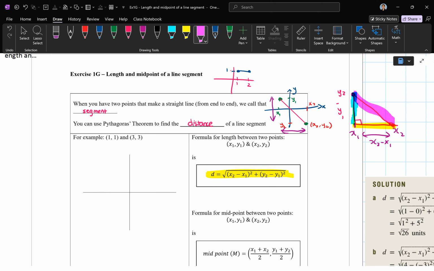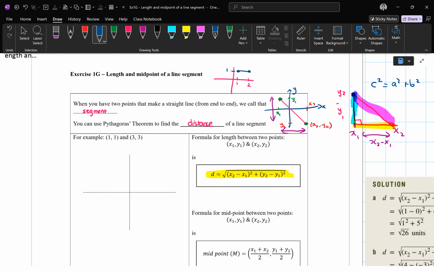So to find C, as was said before, C squared is equal to A squared plus B squared. So if this tells you the distance of A, x2 minus x1, well, that's why we do x2 minus x1 squared. That's where the formula is coming from. Plus, where's B squared? Well, B squared is this length, the vertical length. That's why it's y2 minus y1 squared, because it's A squared plus B squared.